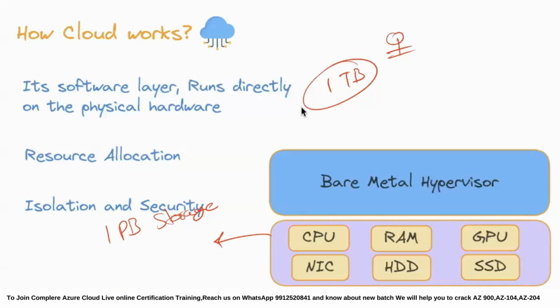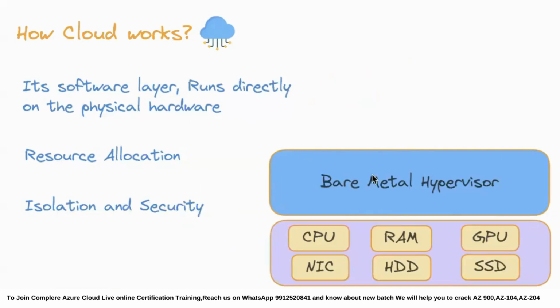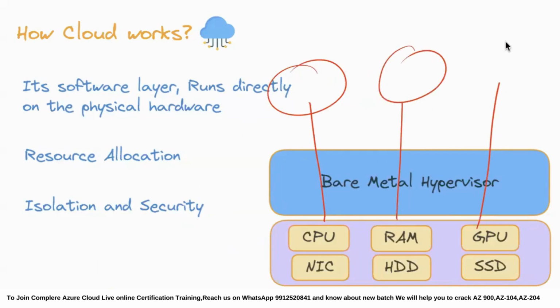Now, a cloud platform can't assign the whole 1 petabyte to this one user, right? This is not how business works. What they will do is divide this hardware into multiple virtual instances.